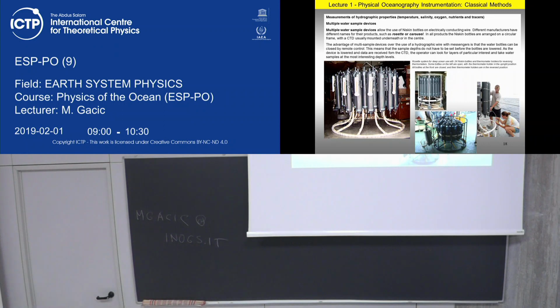And these are multiple samplers, which is not anymore a single bottle, but typically 24 bottles put on this construction, and these bottles are used to pick up the water samples at different depths. So what has been done is a lowering of the structure, and at each depth you stop, close one bottle, pick up the sample and go down, and then turn around, and for example, you end up with 24 samples.